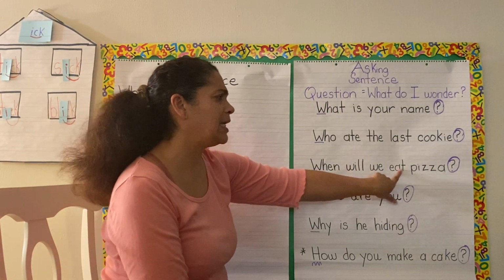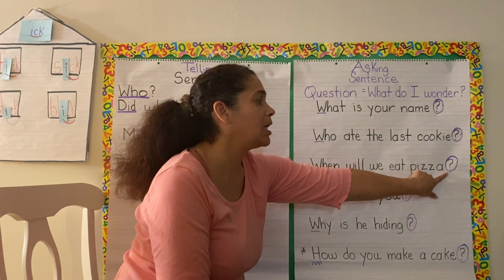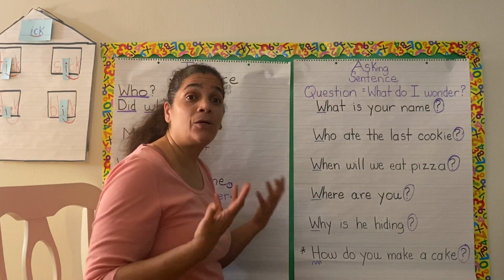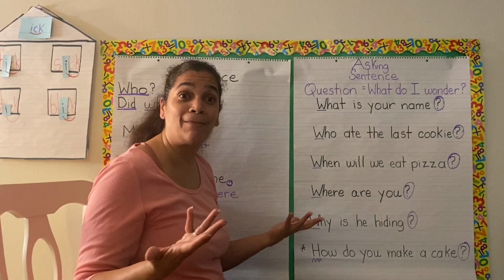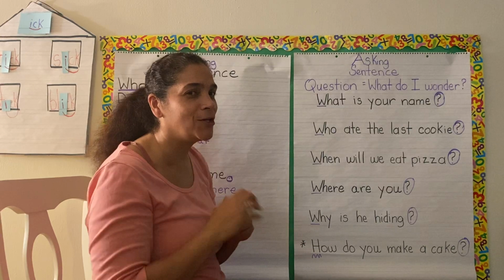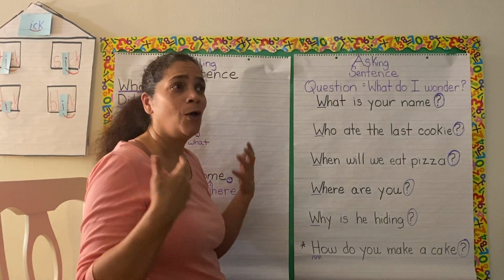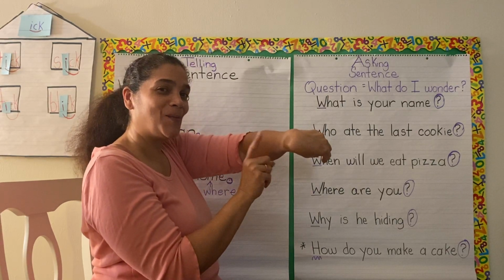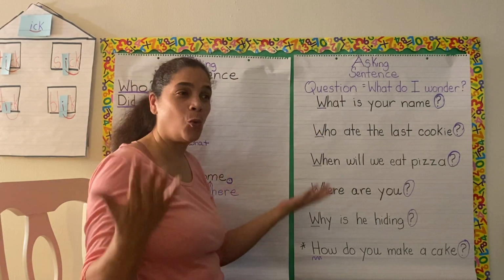When will we eat pizza? Question mark. The when question is going to ask about time. Should really make a connection about what you're learning about in math this week. When will we eat pizza? We're asking about what time. What time in the day?